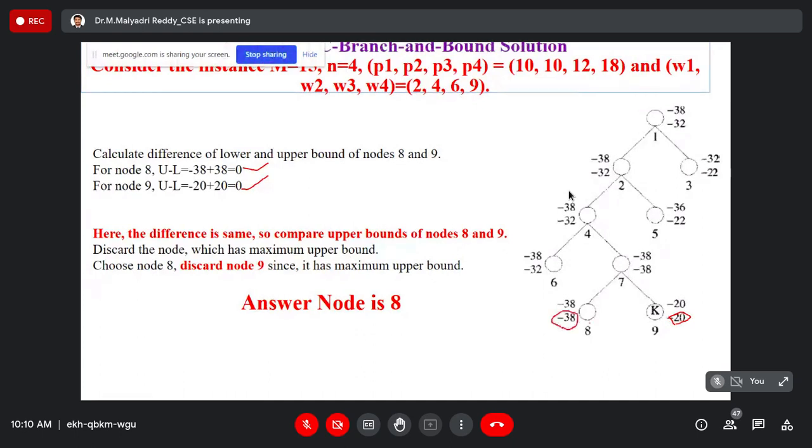Minus 20 is automatically the greater element. You know with negative numbers, minus 20 is greater than minus 38. So minus 20 is the greater value. Discard the 9.